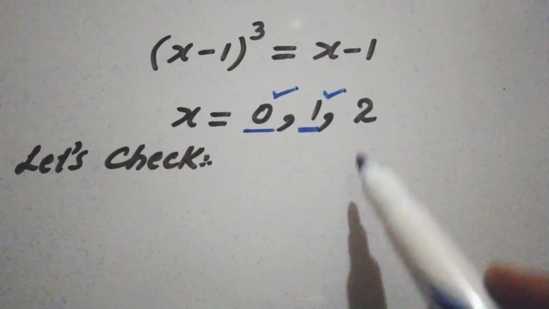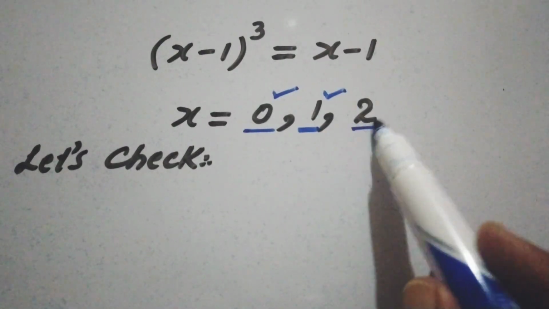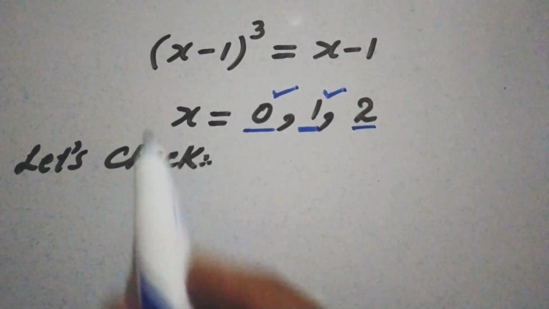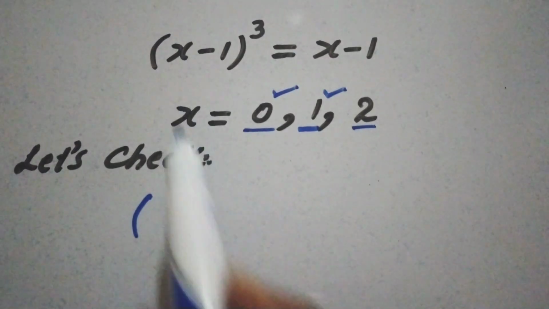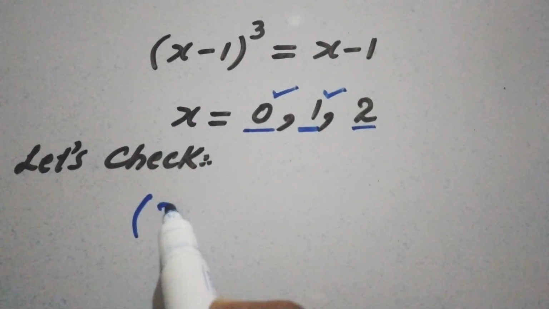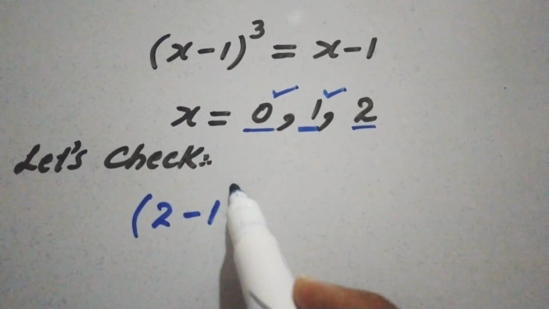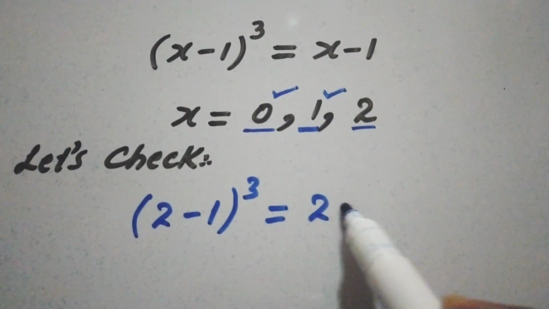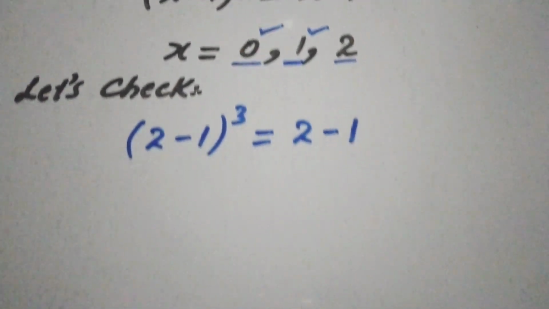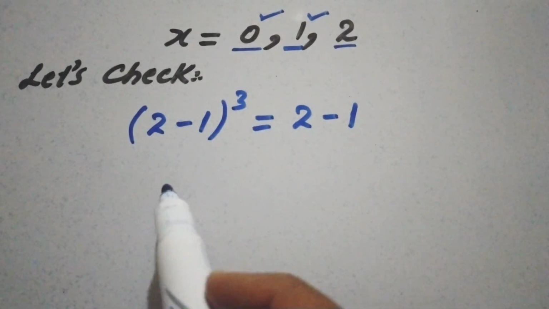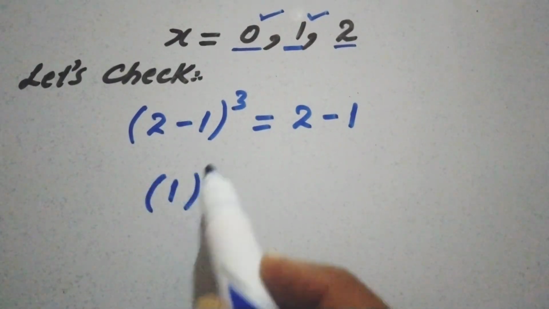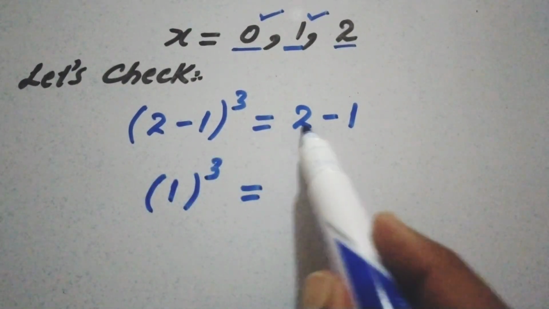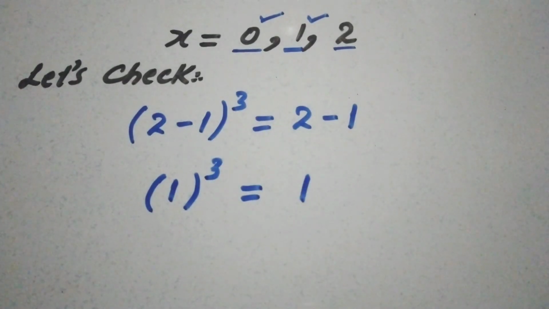Now let's check whether the value x = 2 is valid or invalid. In place of x we will put 2: (2 − 1)³ = 2 − 1. So 2 − 1 gives us 1, 1 cube is equal to 2 − 1, which is 1.